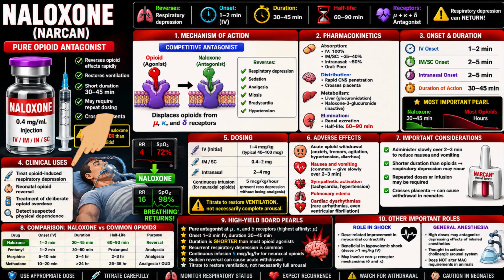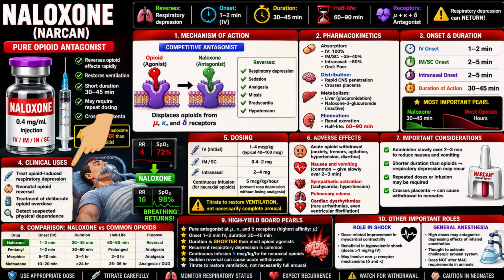How it's selective despite being non-selective. Here's a subtle but important point. At the receptor level, naloxone doesn't discriminate. It blocks all three receptor types indiscriminately. But clinically, we describe it as selective because of how narrowly we actually deploy it. It's used specifically to treat opioid-induced respiratory depression, whether that's showing up in the postoperative period or in a neonate whose mother received opioids during labor.